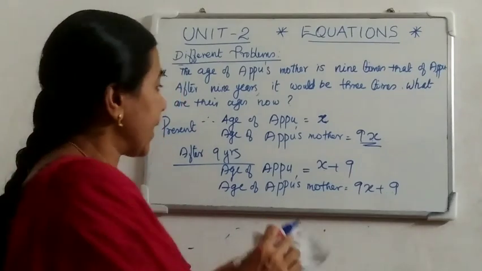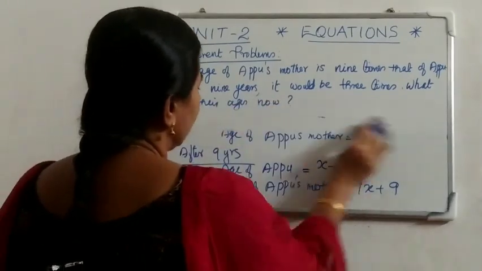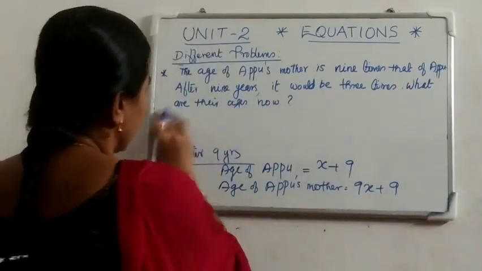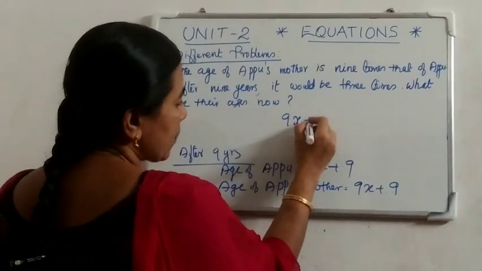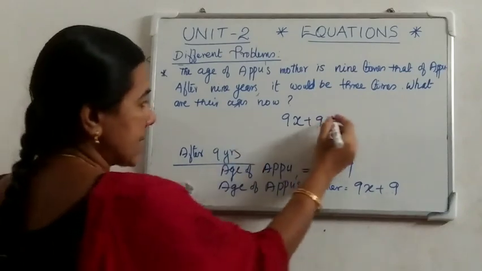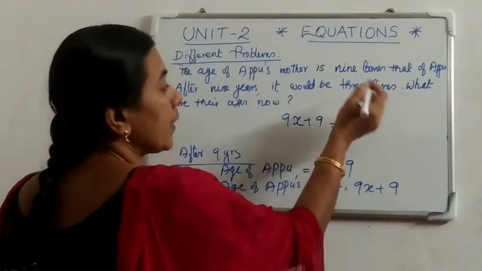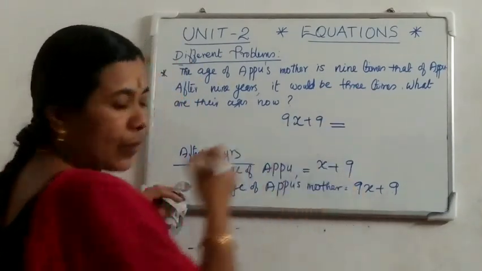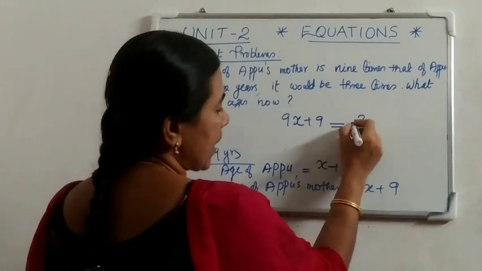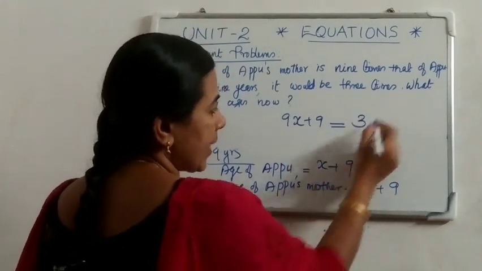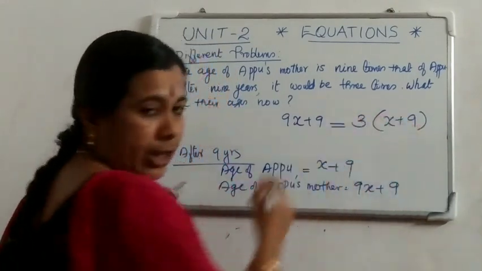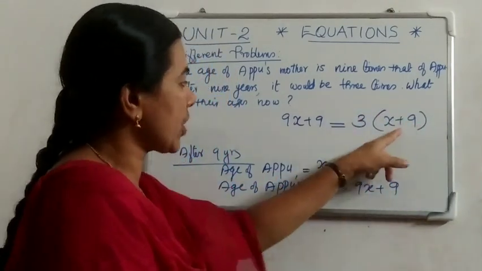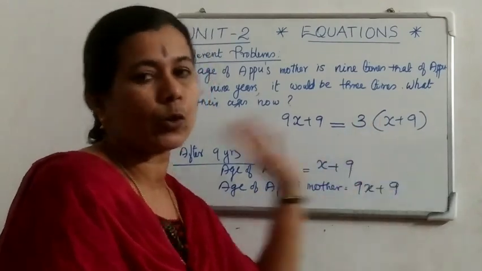Therefore, we can write the relation as: Apu's mother's age, 9x plus 9 after 9 years, is equal to 3 times that of Apu. Apu's age is x plus 9. 3 times means 3 into x plus 9.